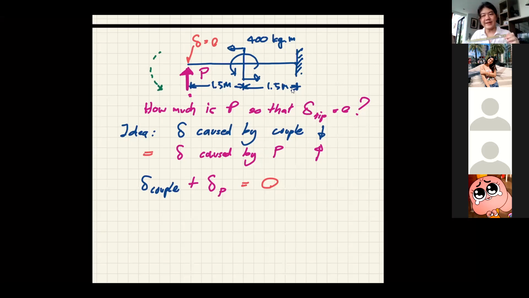So if we look at it one load at a time, you will see that this downward displacement caused by a moment, if it is equal to the upward deflection caused by the load, in the end, when I combine them, the deflection at the tip of this beam will be 0. Right?